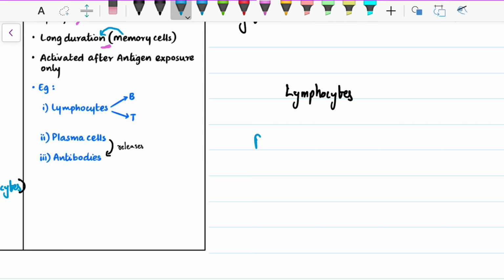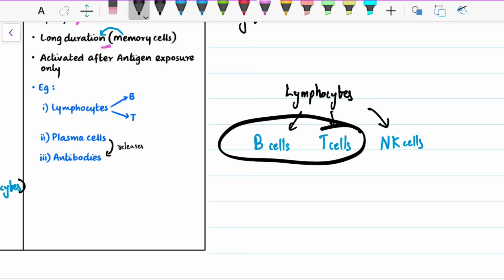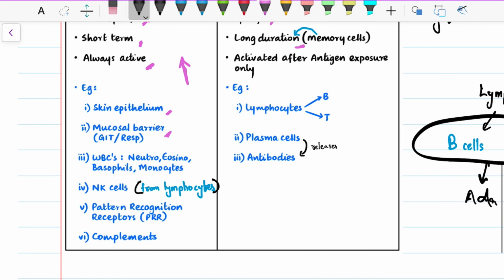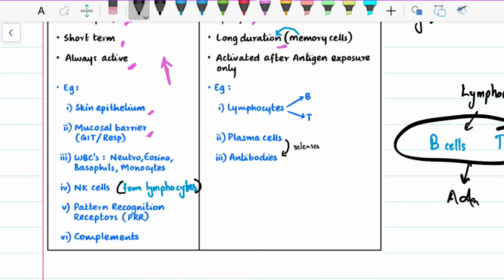These give off B cells, T cells, and the NK cells, right? The B and T cells together enter into adaptive immunity, and the NK cell goes into innate immunity, right? And then the pattern recognition receptors and complement systems.